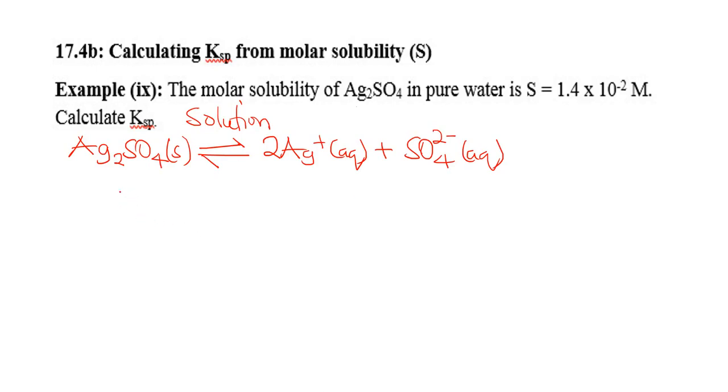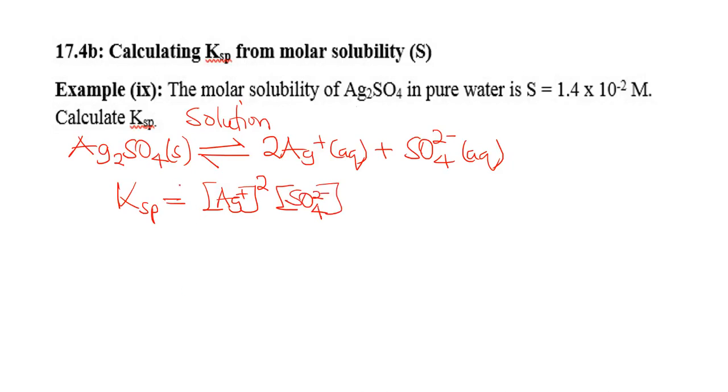But KSP is given by the concentration of silver. Because there is a 2 here, you need to put squared, and the concentration of the sulfate.